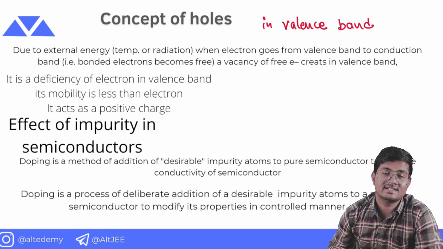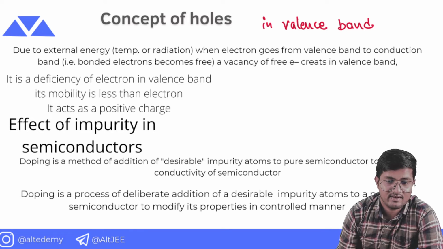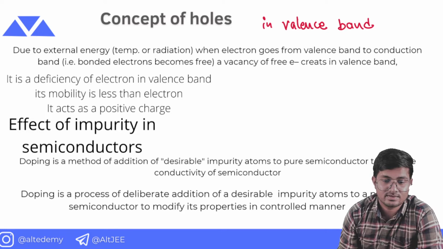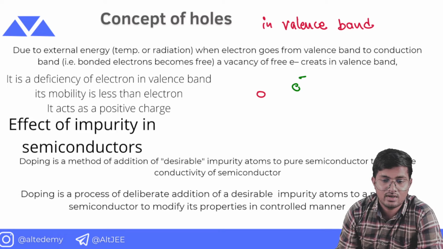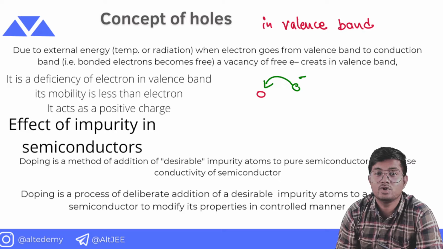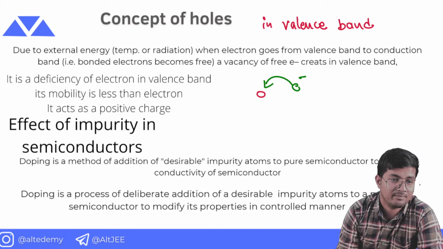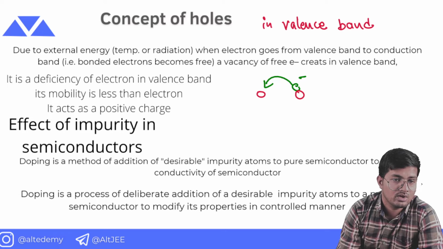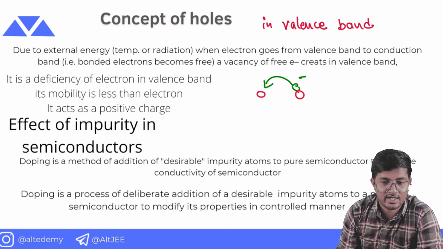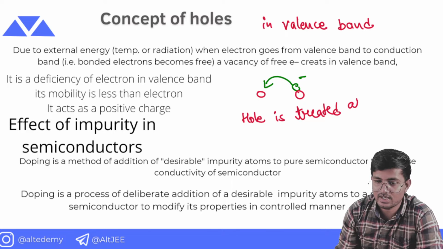To fill this vacancy, an electron from the neighborhood will come and occupy its place. If this happens, then a hole will be created at the place of the electron. So we treat a hole as a positive charge.